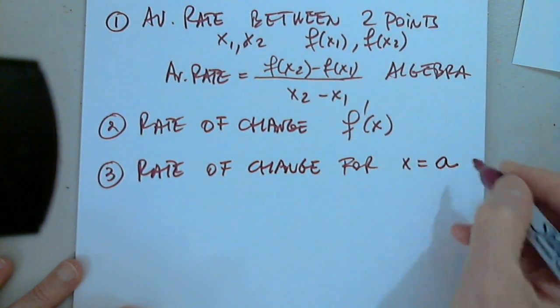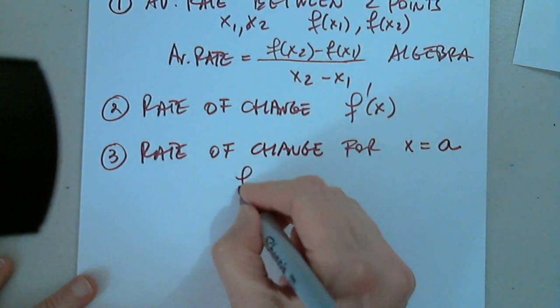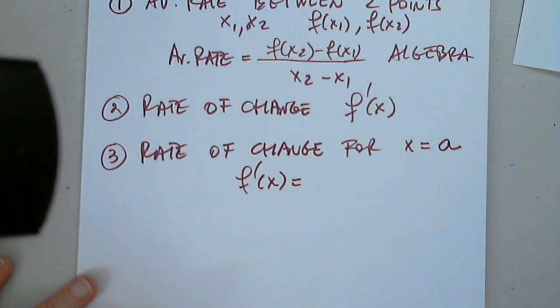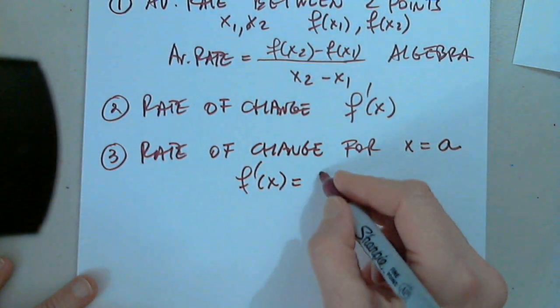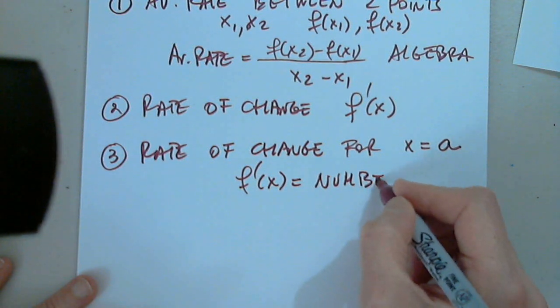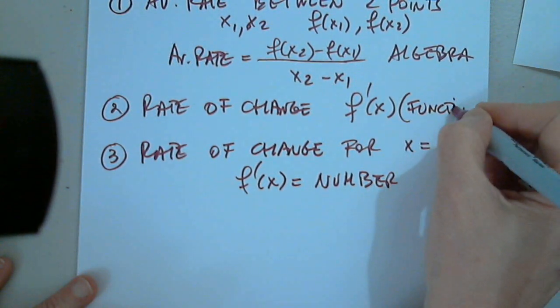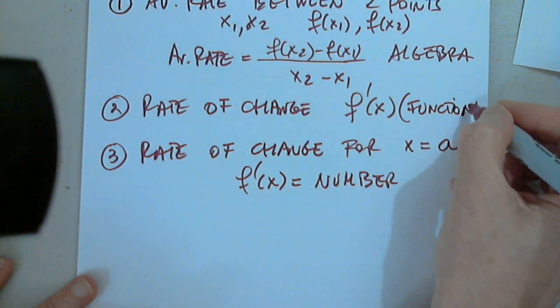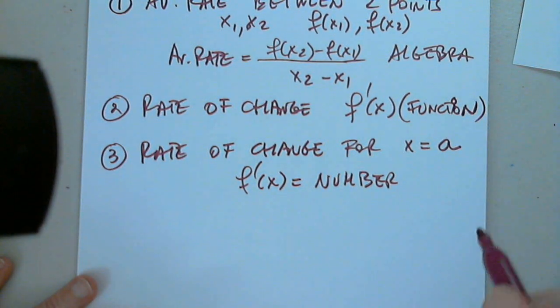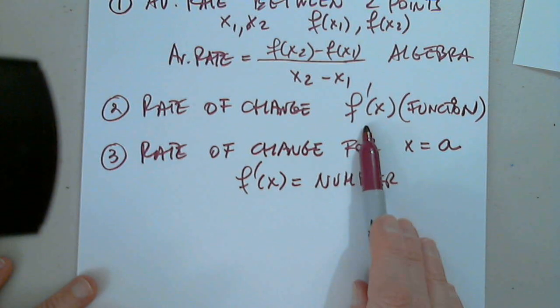I'm going to put a. That is f prime of a, and this answer is a number. This answer is a function. Function, f prime of x.